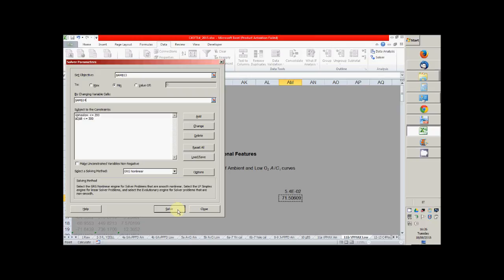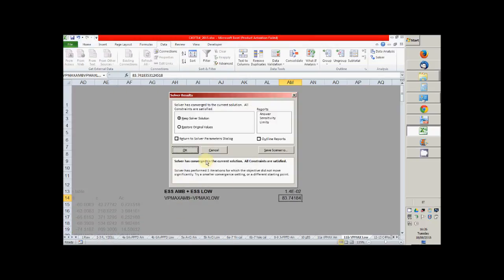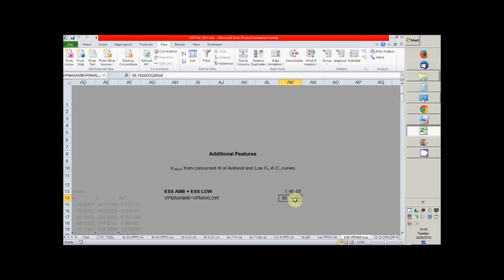We may now click Solve. So this value here now is the value of Vpmax which concurrently fits the two ACI curves.